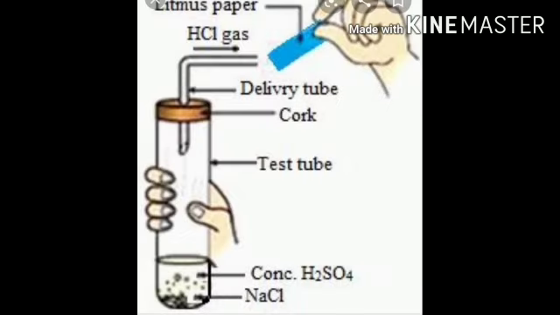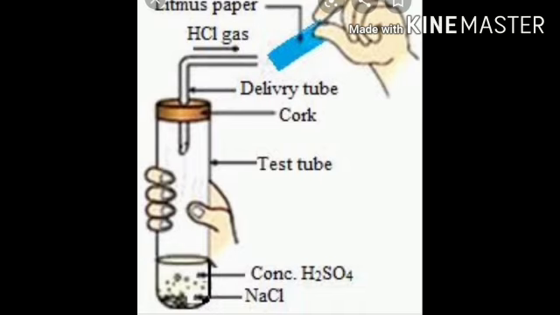Now we will test the gas evolved, and see what happens when it is passed over dry and wet blue litmus paper. When the HCl gas is passed over dry litmus paper, there will be no color change; the blue litmus paper will remain blue. But when this gas is passed over wet litmus paper, the blue litmus will change to red.